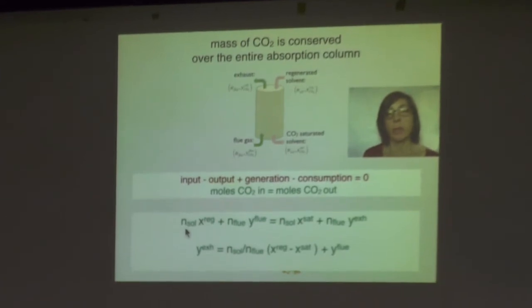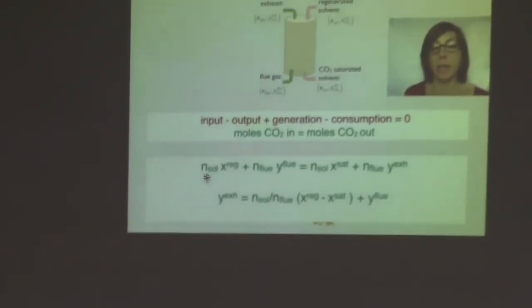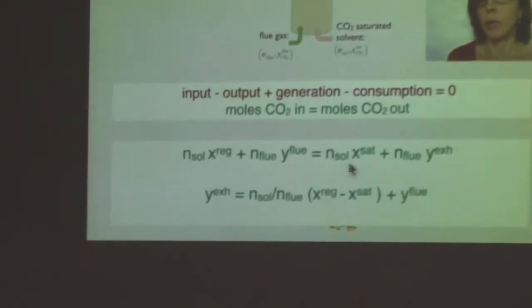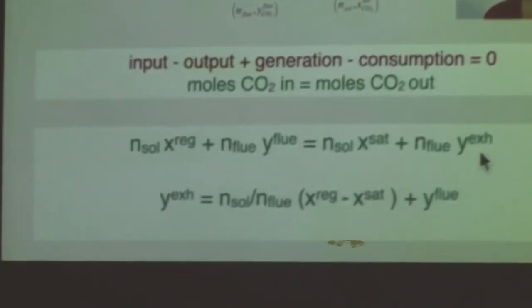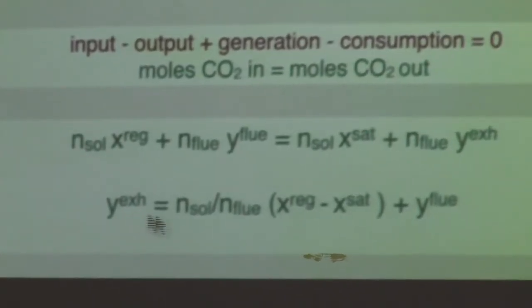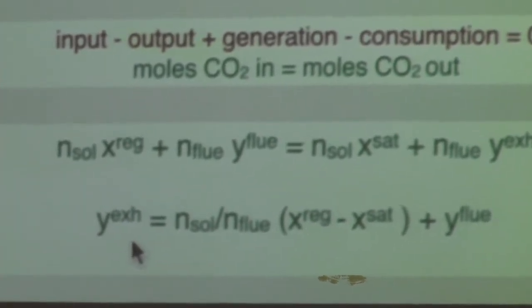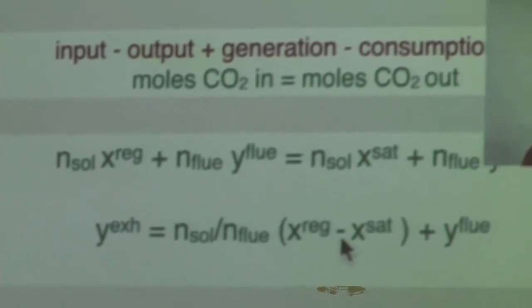So we simply multiply the molar flow rates by the compositions, and we have going in the liquid phase and in the gas phase equal to the moles coming out in the liquid phase and in the gas phase. We can rearrange this equation and solve for our design goal here, the vapor phase mole fraction in the exhaust, and we see that as a function of the other variables.